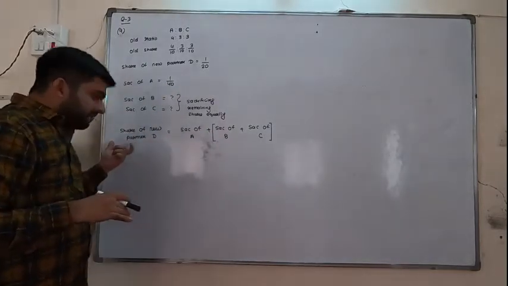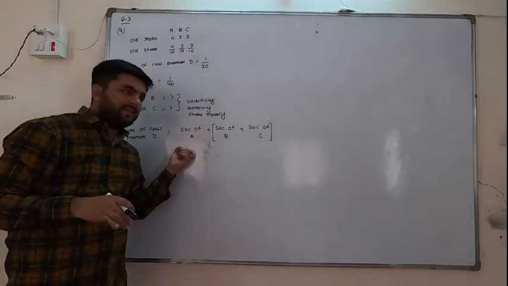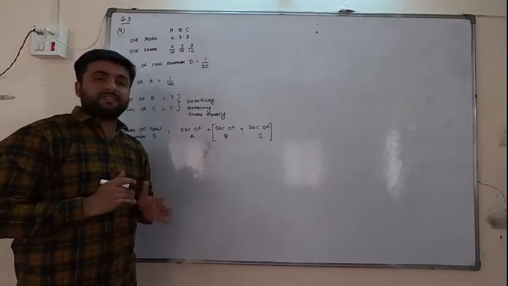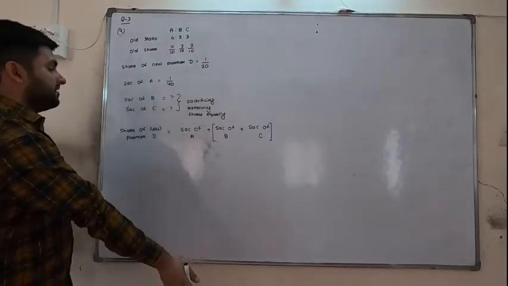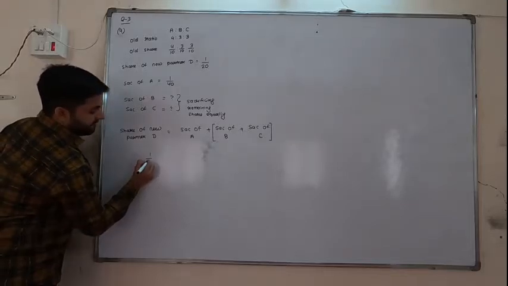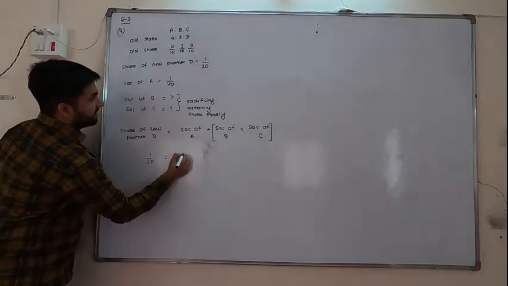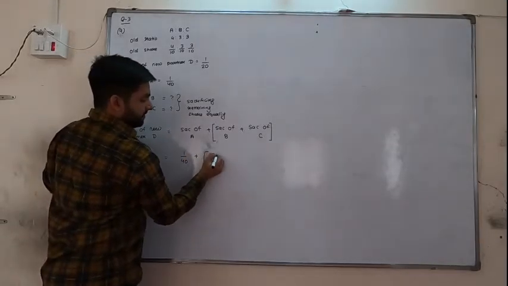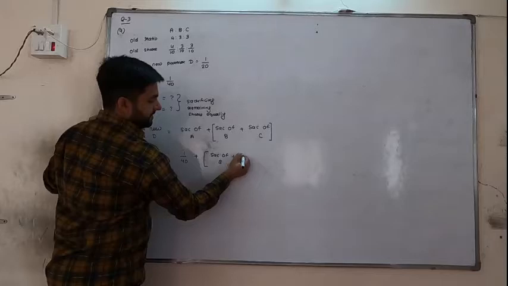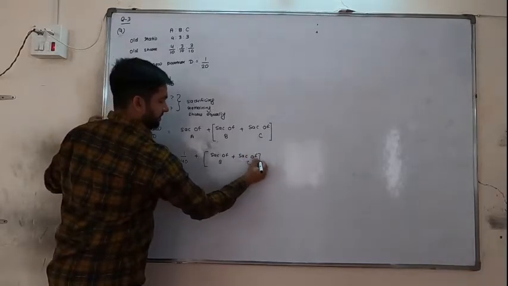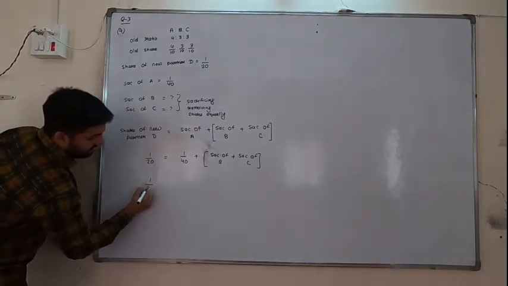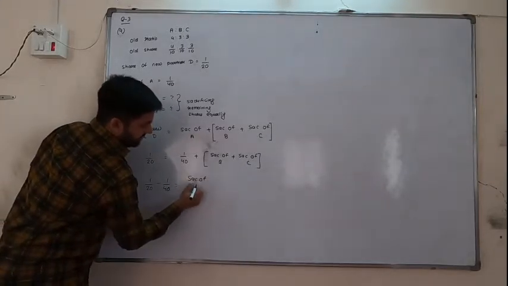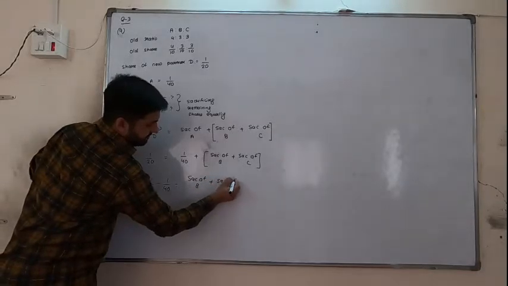Share of D is given, sacrifice of A is given. Now both of them are sacrificing. First we will find their total sacrifice, and that total sacrifice will be divided into 2 parts. Now 1 by 20 is equal to sacrifice of A, 1 by 40, plus in bracket sacrifice of B plus sacrifice of C. Now we will transfer this to this side. 1 by 20 minus 1 by 40 is equal to sacrifice of B plus sacrifice of C.